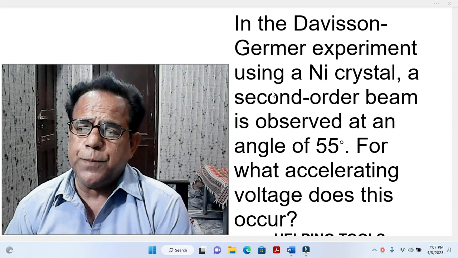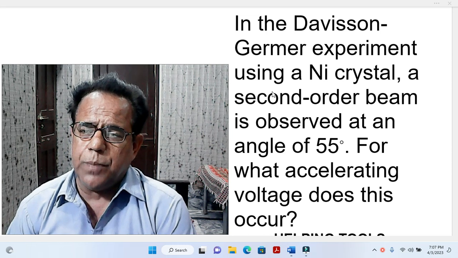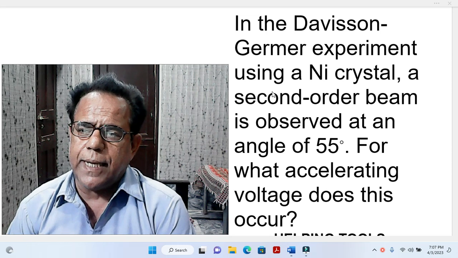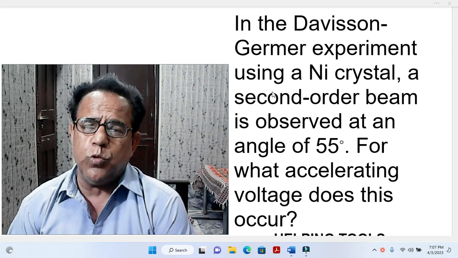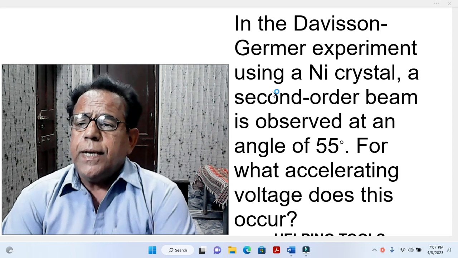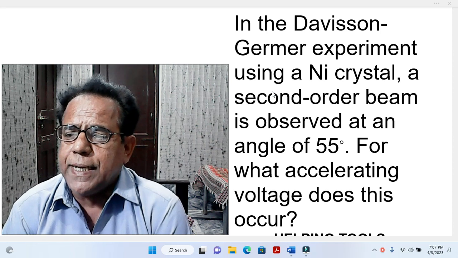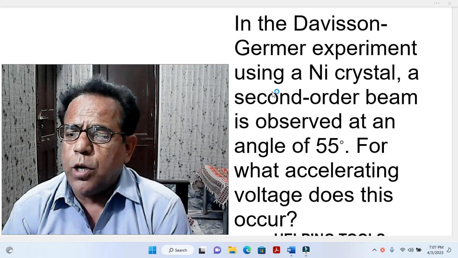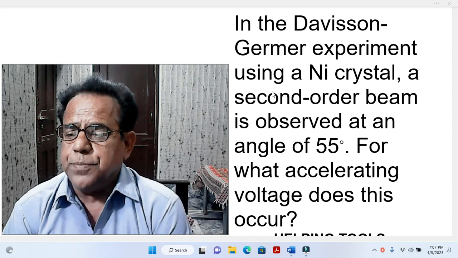This is our next problem, having been once again chosen from the same book, Modern Physics by Kenneth S. Crane. As usual, we first come to its statement. In the Davisson-Germer experiment, using a nickel crystal, a second order beam is observed at an angle of 55 degree.